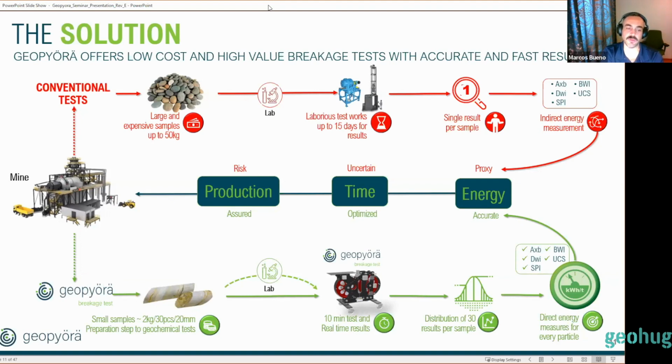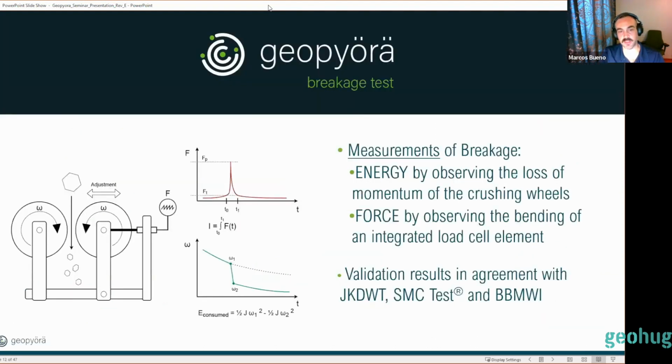We are proposing to use these small samples and do it fast. We get the results very quickly, the turnover is fast, and then you have data to design your project precisely, in terms of forecasting a new project, or in terms of optimization of an existing project.